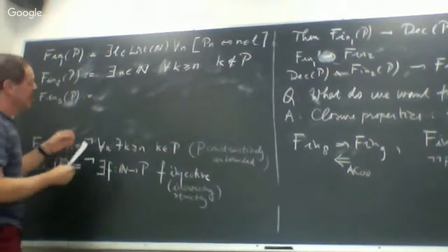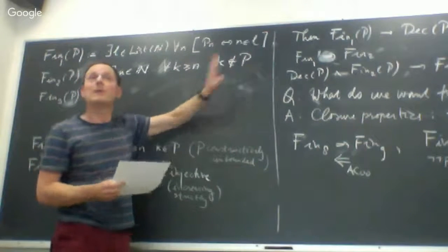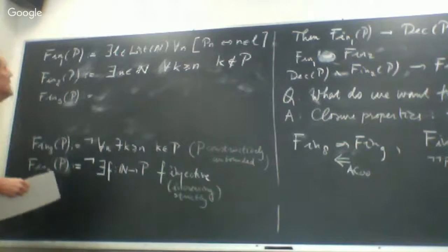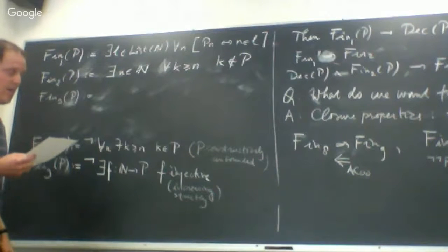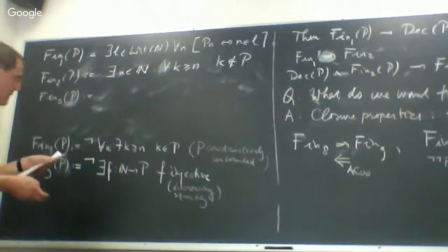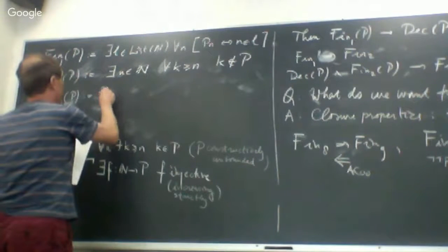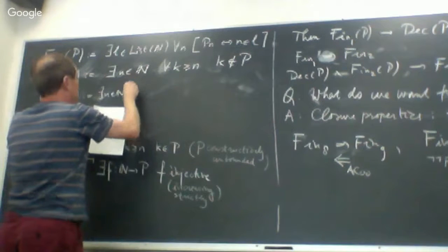Here you know an upper bound to P, but it is possible to express that you only know an upper bound to the size, the cardinality of P, and that is for example this one.